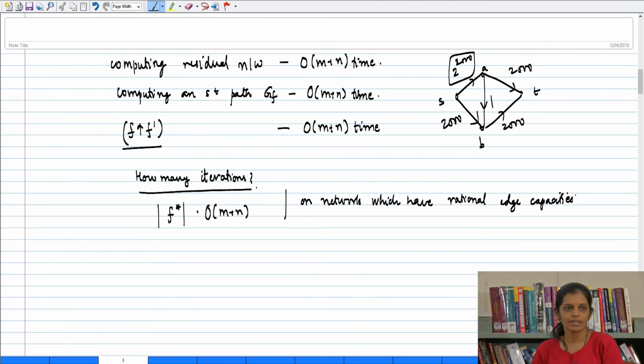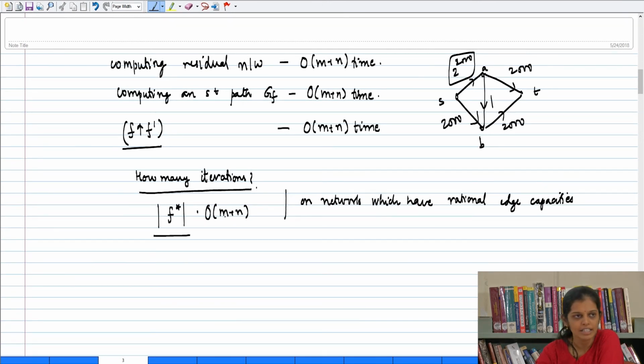So as long as we are under that restriction that we have integer flow capacities or rational flow capacities, we are still okay. The Ford-Fulkerson method is always going to terminate, and it will terminate in the value of f star into order m plus n many iterations, right?